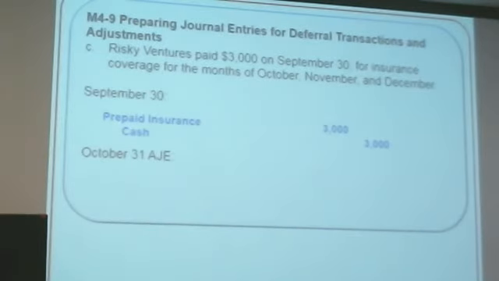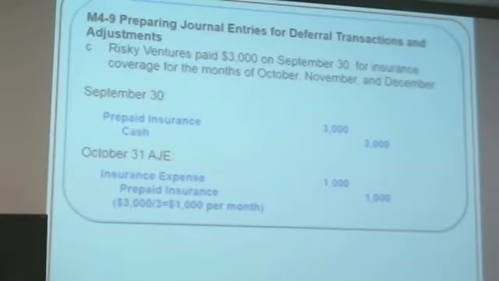So the adjustment to reflect the company using part of that insurance policy as time passes would be just like the other one. Insurance expense goes up, prepaid insurance goes down.